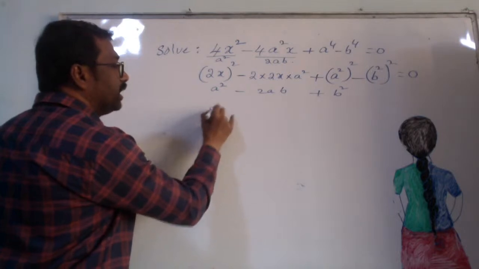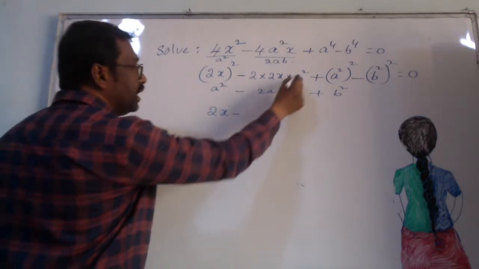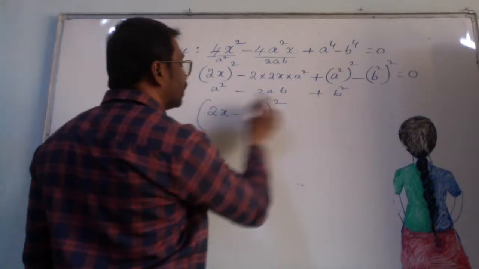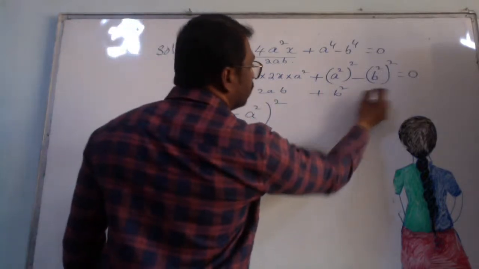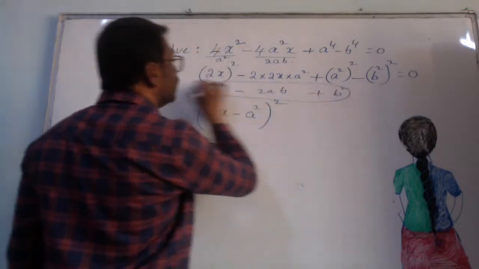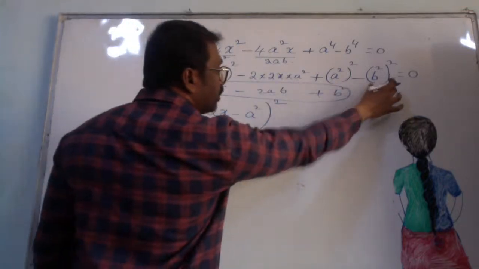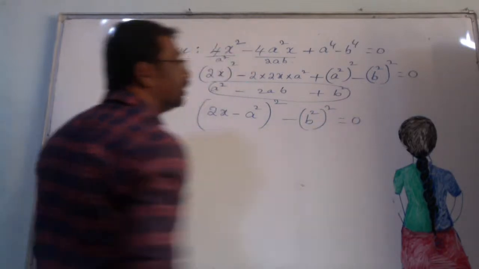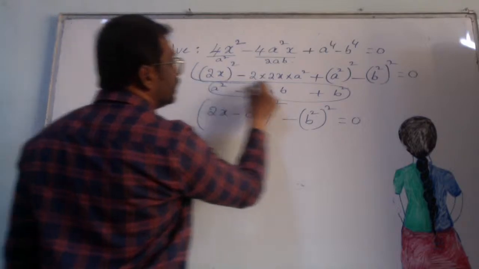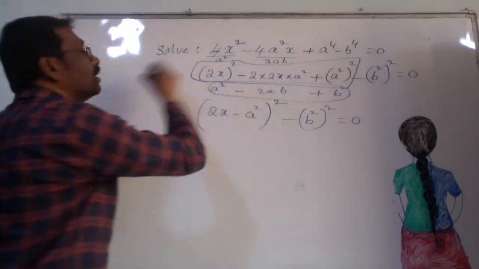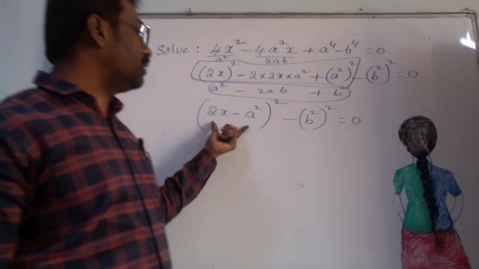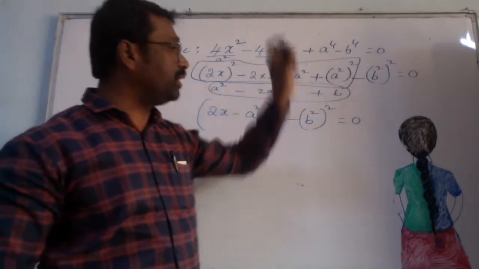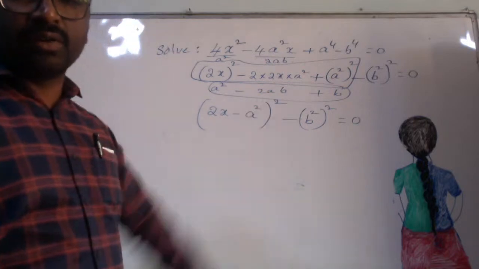So a is 2x, b is a square, so a minus b whole square. This is the identity I have written. The last term is minus b square whole square, equal to 0. So these three terms I have written as a perfect square, because a square minus 2ab plus b square is a minus b whole square.